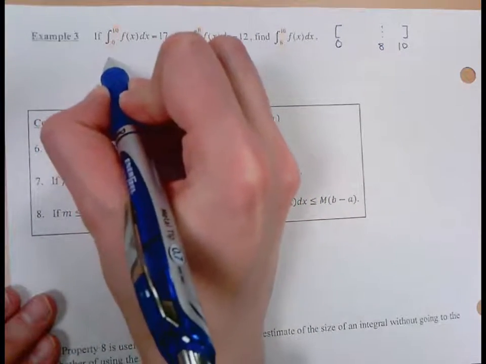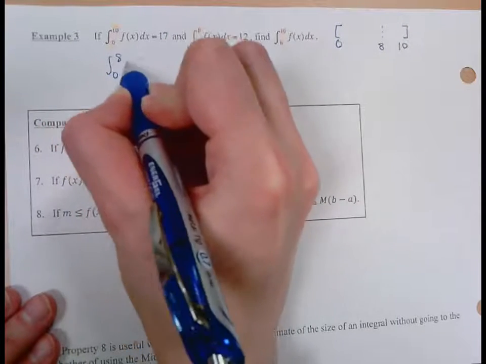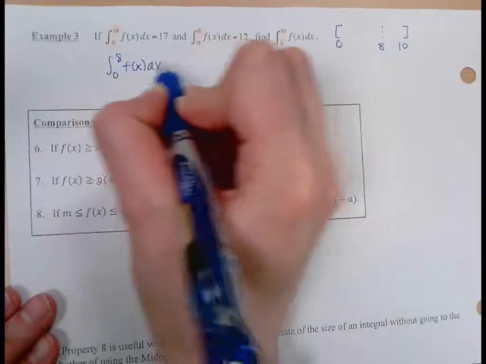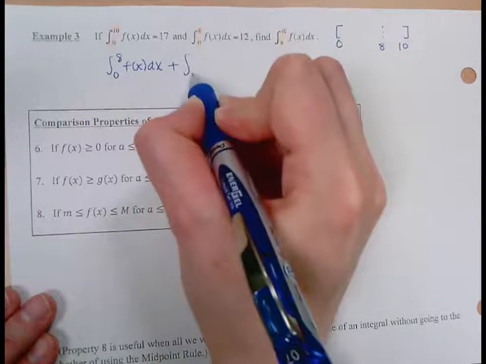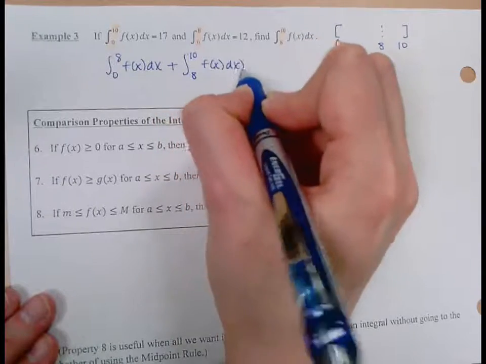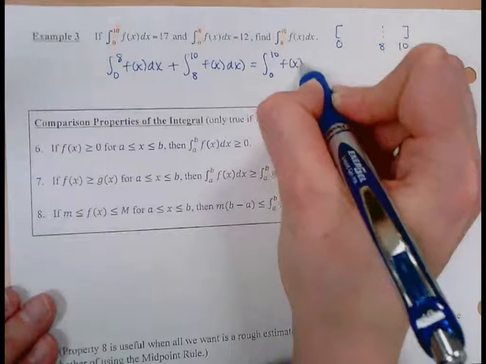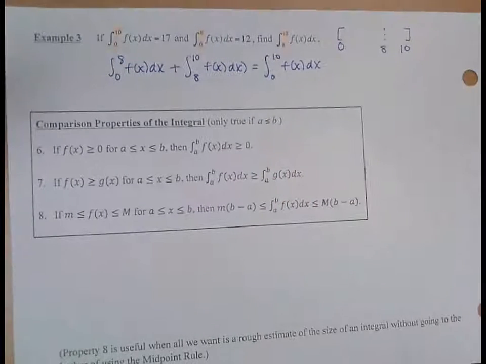This means that the integral from 0 to 8 of f of x dx plus the integral from 8 to 10 of f of x dx would equal the integral from 0 to 10 of f of x dx. So 0 to 8 plus 8 to 10 should equal 0 to 10.